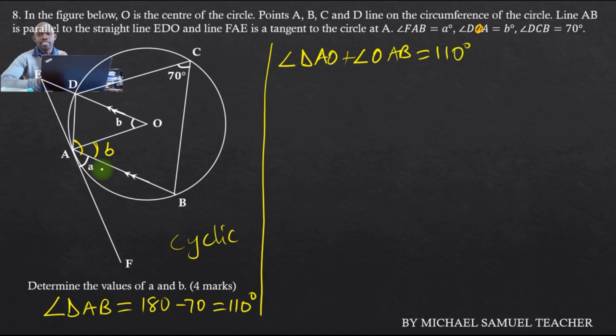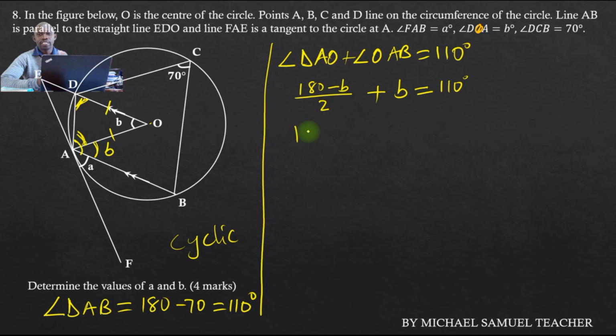But angle DAO, since this is the center, this will be the base angle of this isosceles triangle, so they must be equal, and in that case we have 180 minus b, that is a part of the base, but we divide by 2 since they are equal, then plus angle OAB, which is b, will be equal to 110 degrees.